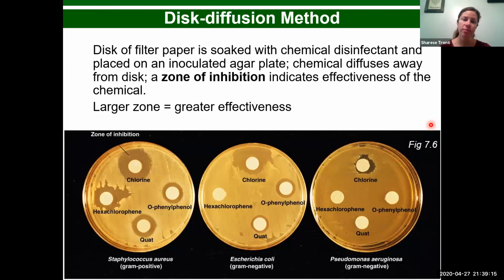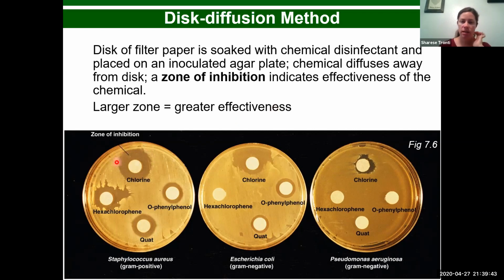Now, the second method is the disc diffusion method. And if you guys were in lab, you would be doing this. So in this method, you're going to take a disc of filter paper and soak it in the chemical disinfectant. And then you place that disc on an inoculated plate. And then the disinfectant will spread, and you'll see this zone of inhibition.